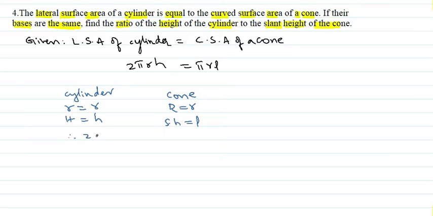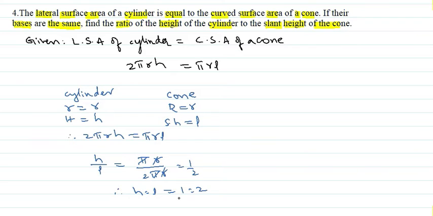So now substitute these values, and the radius r is the same for both diagrams. So therefore 2 pi r h is equal to pi r L. Now we are going to find the ratio of the height to the slant height, which is equal to pi r by 2 pi r. Now we can cancel r and pi, so we are getting 1 by 2. Therefore H to L ratio is equal to 1:2.